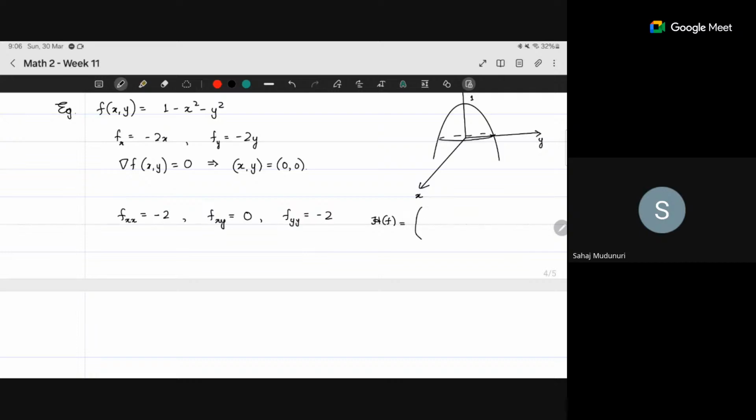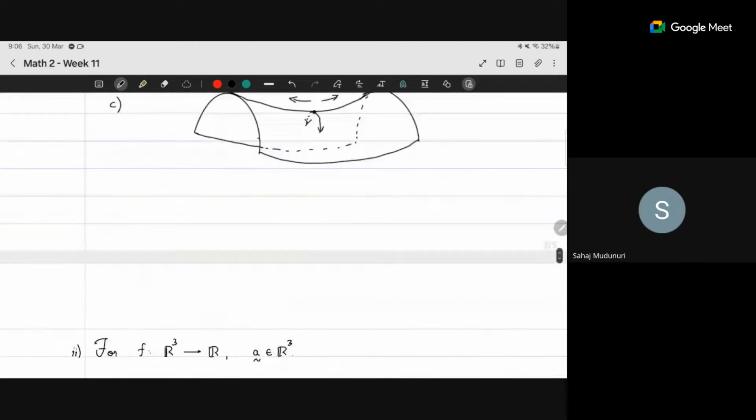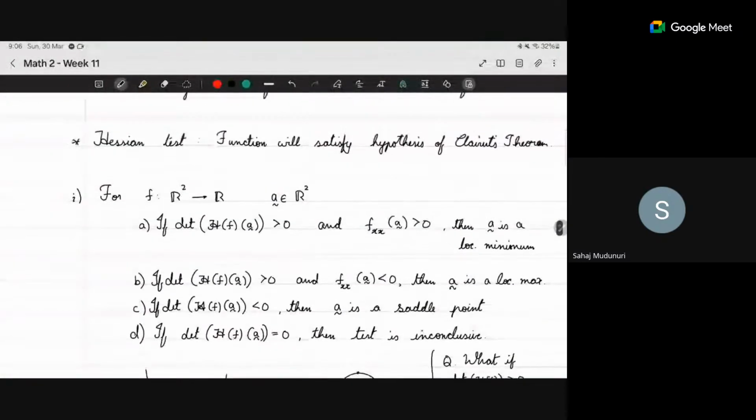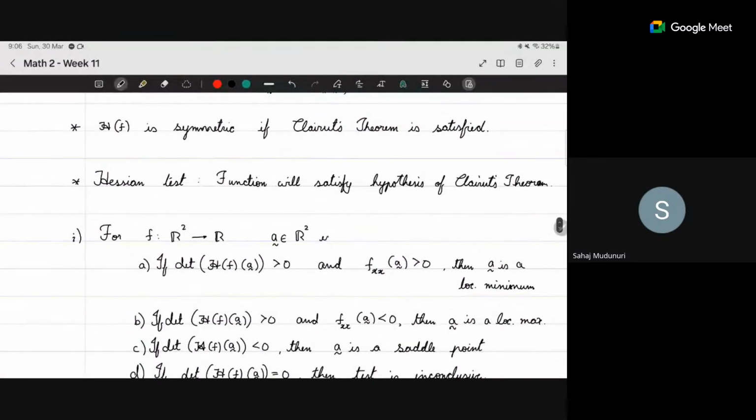Sir, the statement which you just wrote, you're just finding the critical point, no, sir? Yes, this is the only critical point. Right, sir. Got it. That actually highlights a major error we made: at critical points, we do all of these things.